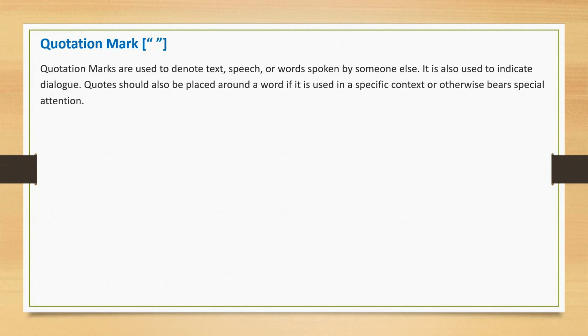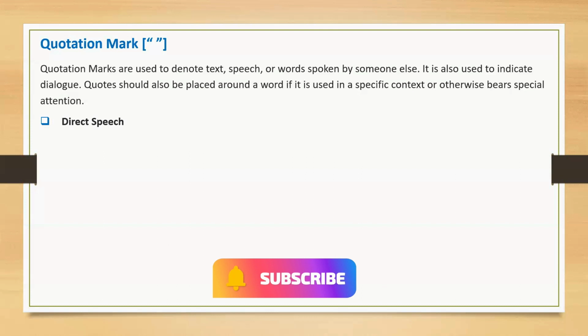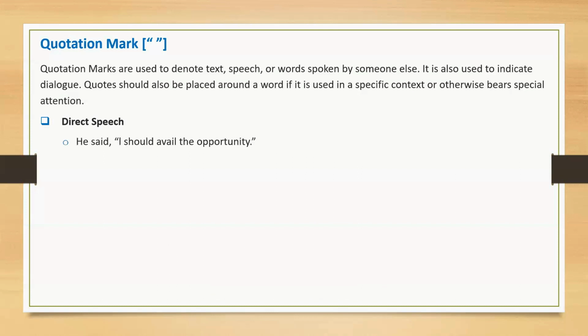Quotes should also be placed around a word if it is used in a specific context or otherwise bears special attention. Quotation mark is used in direct speech. For example, he said, "I should avail the opportunity."